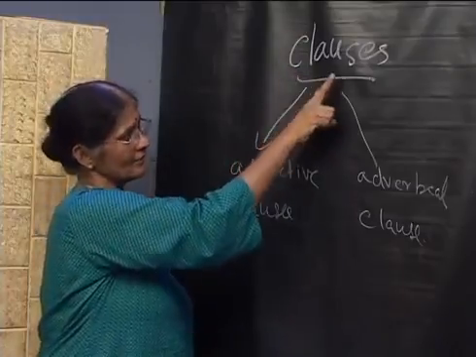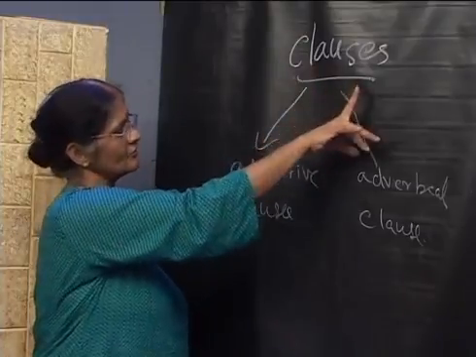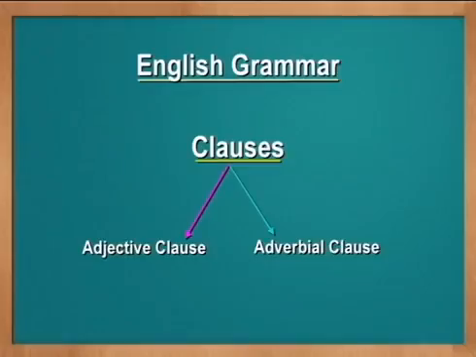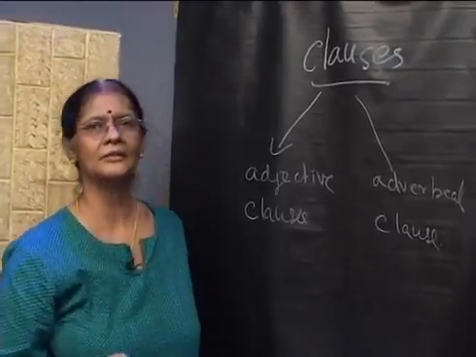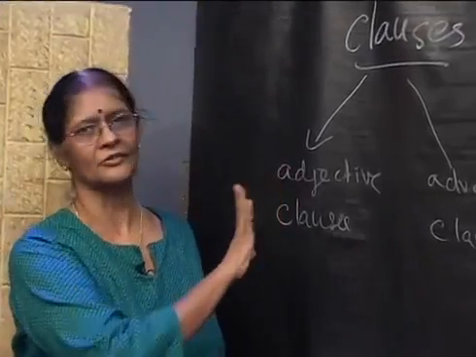We can put clauses like this. There are two types of clauses, mainly the adjective clause and the adverbial clause. The adjective clause gives more information about the nouns, and the adverbial clause gives more information about the verbs in a sentence. So, with that we are concluding the topic of clauses.